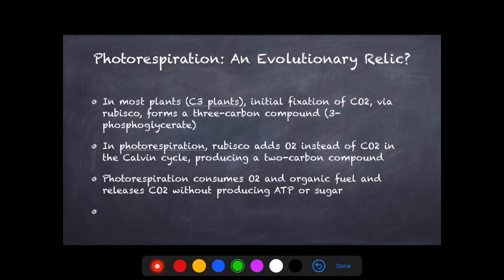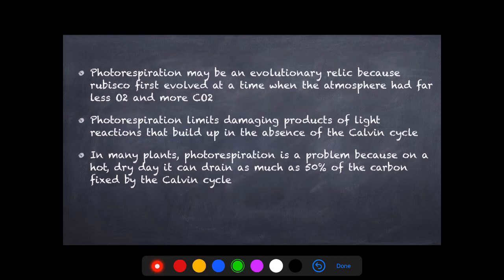It takes in oxygen and releases carbon dioxide. It uses ATP, but it will not make ATP, and neither will it make sugar. And this happens when there is light.